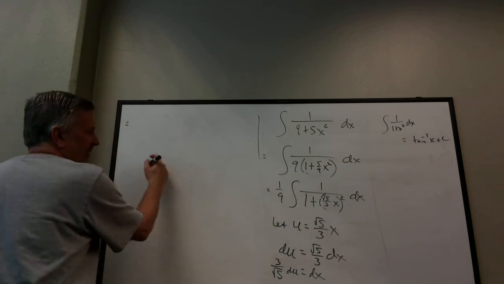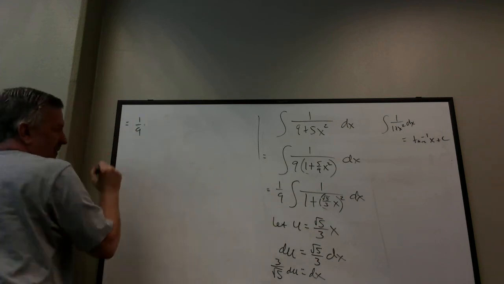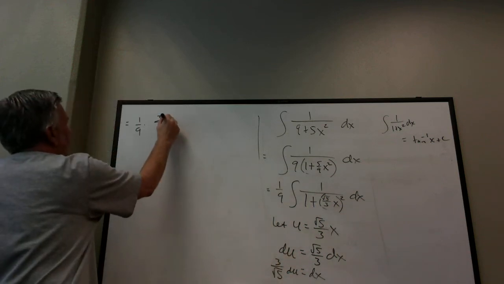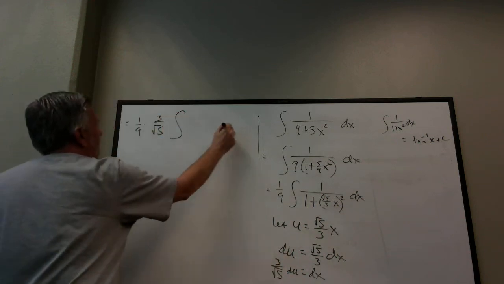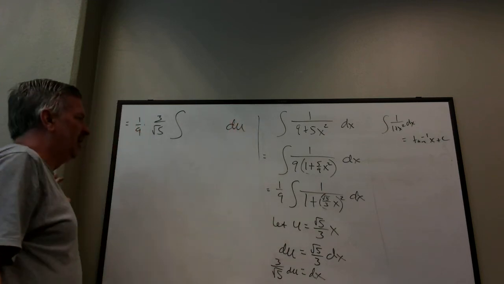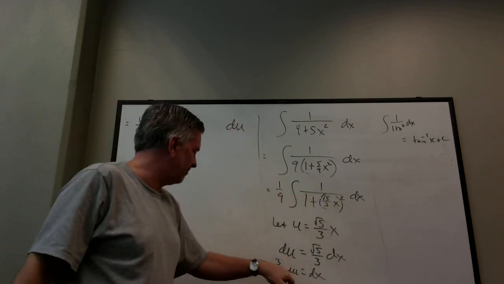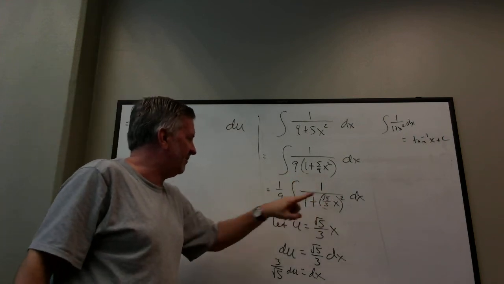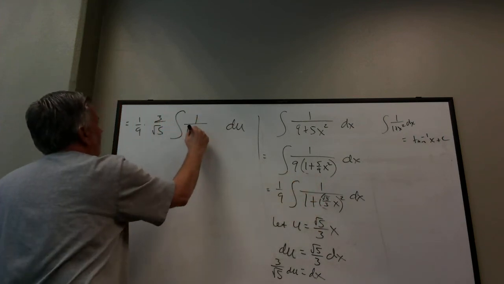Okay, so let's do the substitution here. So I have my 1/9. Okay, instead of dx, I have 3 over root 5 du. So I replace dx with 3 over root 5 du. And all I have left is the integrand, and that's a u. So it's 1 over 1 plus u squared.